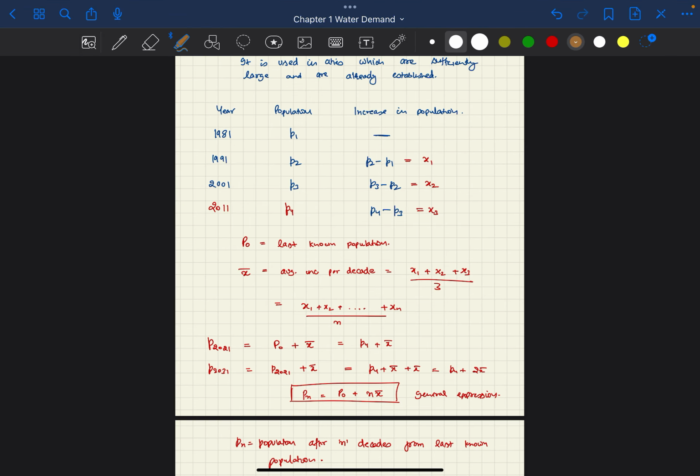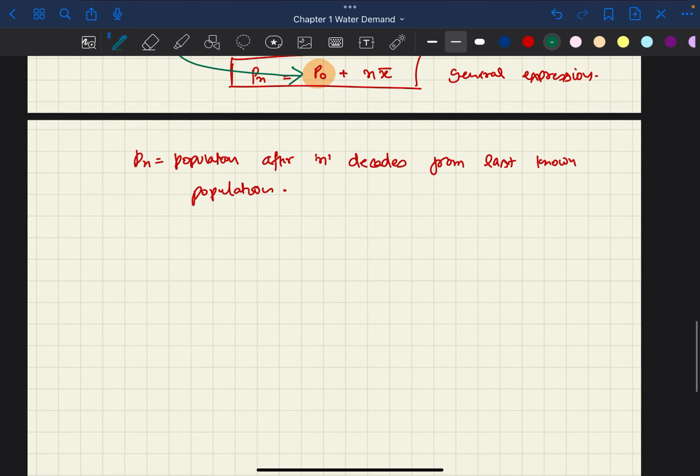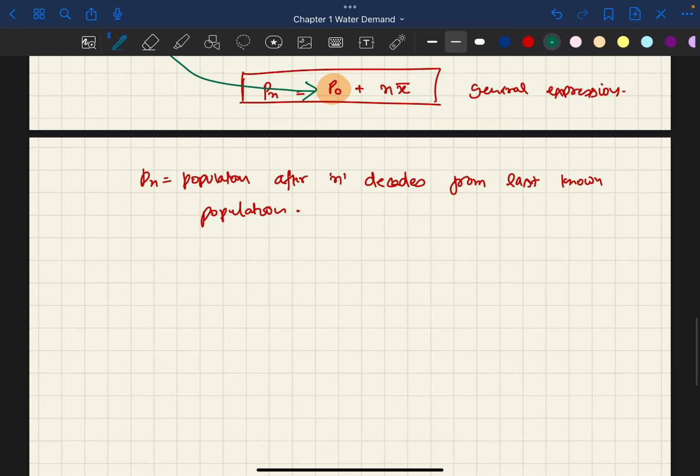It is important the last known population, because this formula is used in last known population only. This P naught is last known population. So this was our first method.